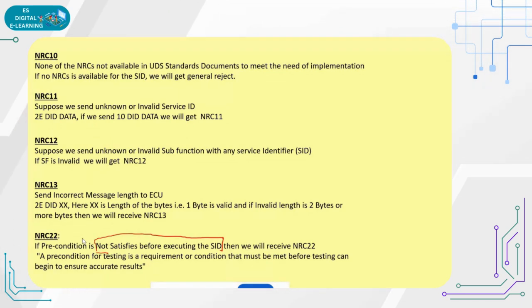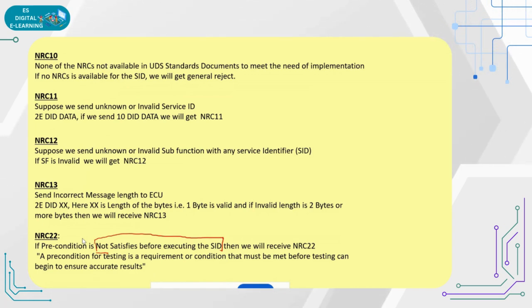Preconditions are like what must hold before you start. For example, consider that you need to open Google Chrome. You have a laptop and you have a browser, and with the browser you are opening Google Chrome. That's fine, correct.